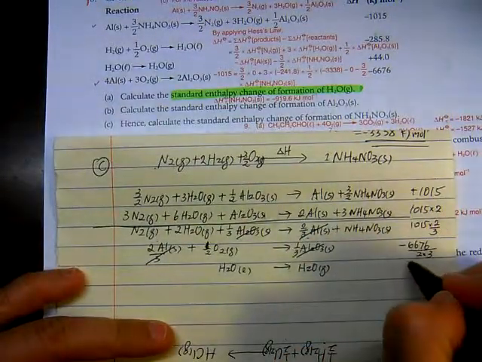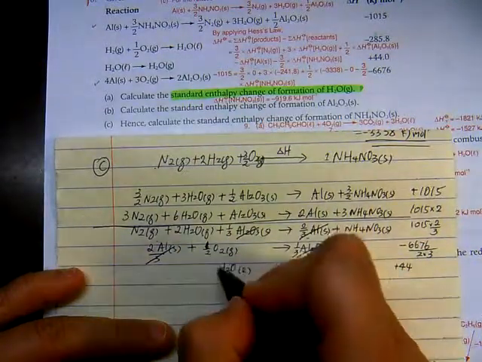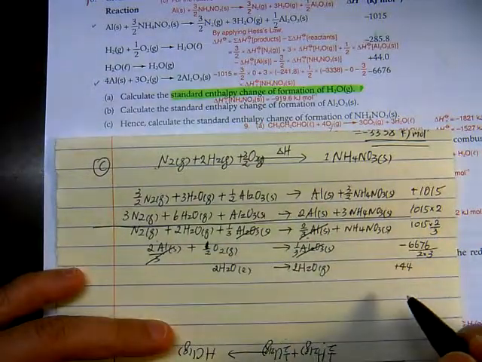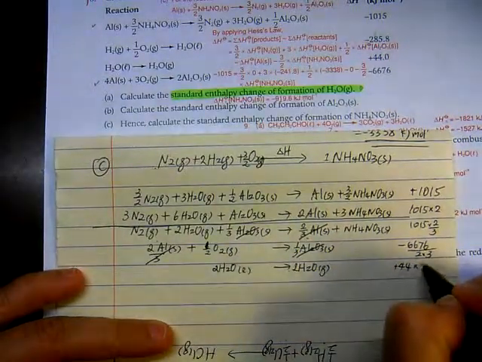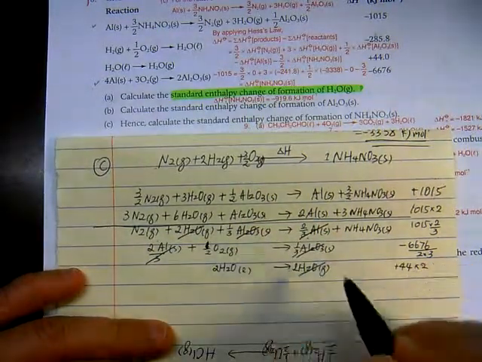In copying this equation, the delta H is still equal to 44. And then multiply this equation by 2. Okay? Multiply by 2. Then in doing summation, I can cancel H2O gas.